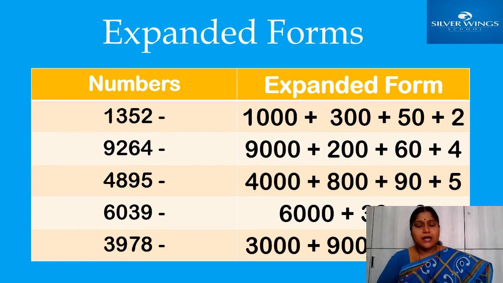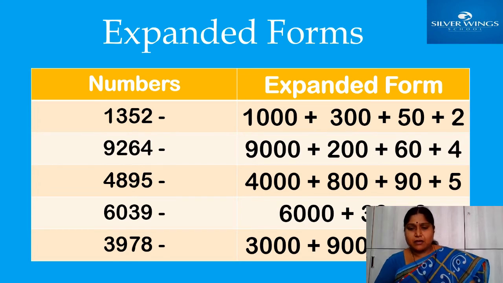Now, what is the place value of 1? 1 is in the thousands place, so the value is 1000 plus. You should use the plus symbol because the expanded form of a number is the sum of place values.